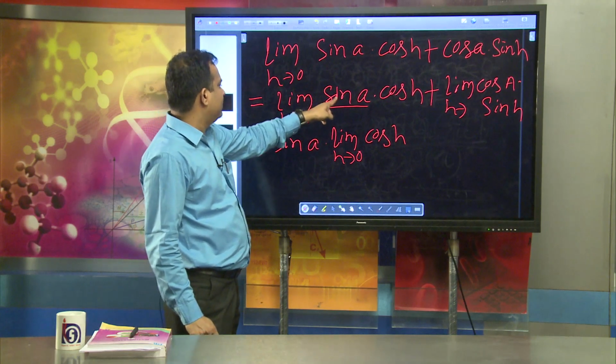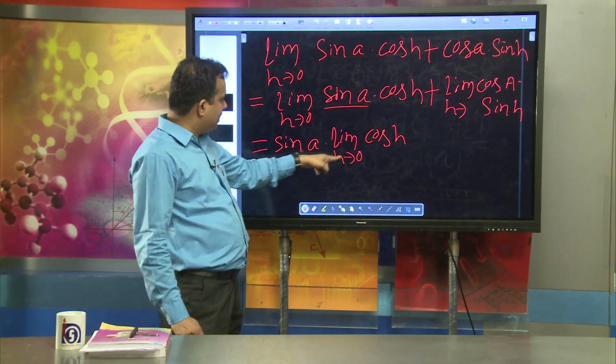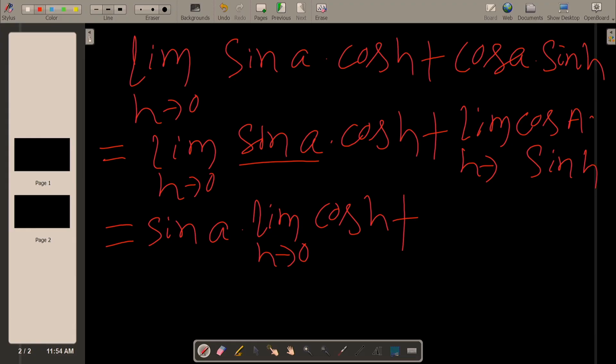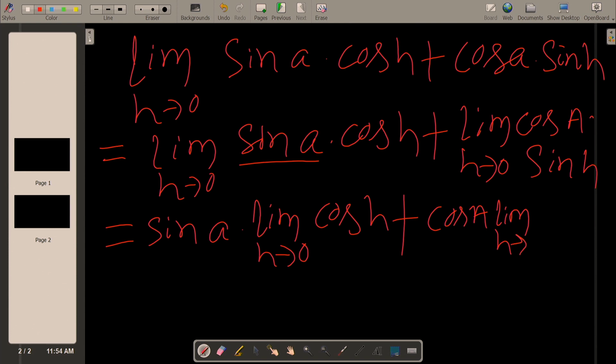Sin a is the constant quantity, so we separate sin a and the limit h tends to 0 of cos h. And now, for the second part, cos a is the constant quantity, so cos a into limit h tends to 0 of sin h.